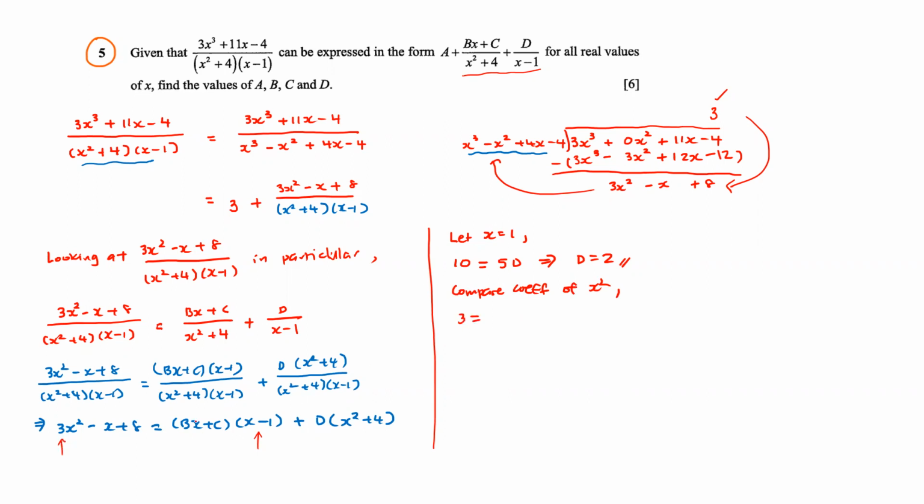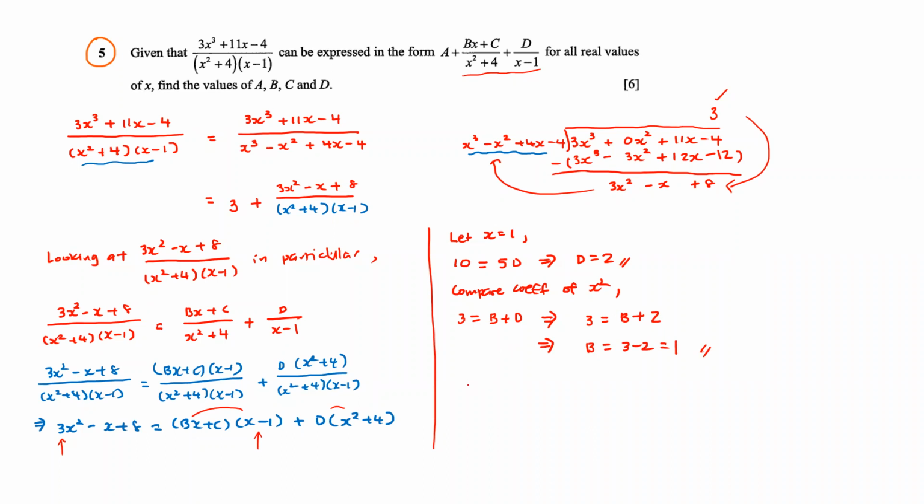And on my right side, my x squared coefficient would be b, add to d. So it will be 3 equals to b plus d, but we know that just now we found out that d is equals to 2. So I substitute the value of 2 in there, and therefore b equals to 3 take away 2, which is 1.